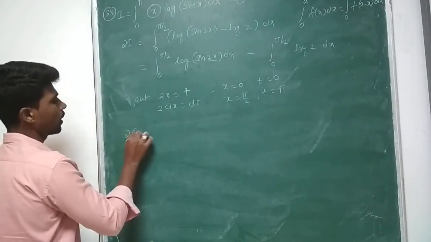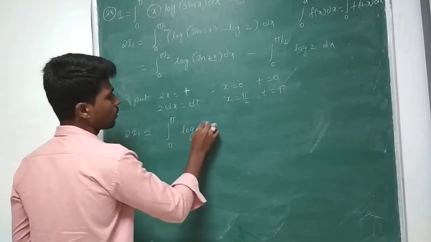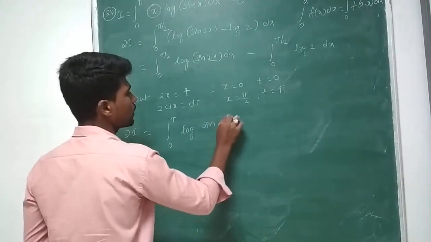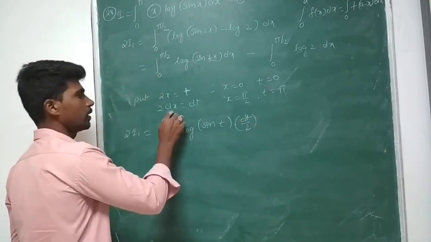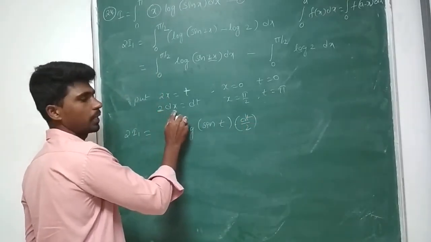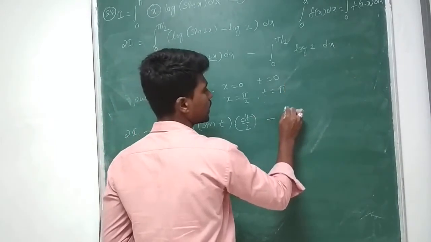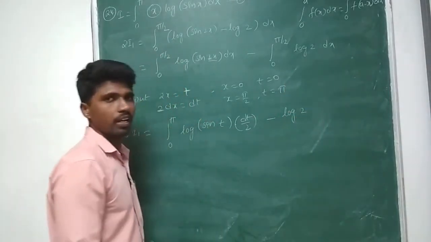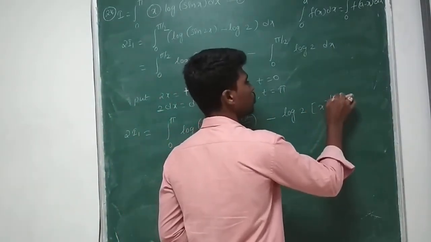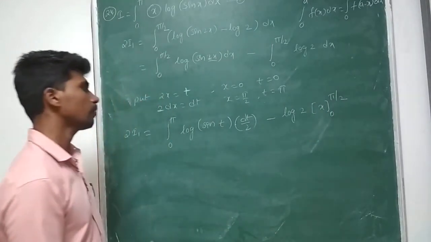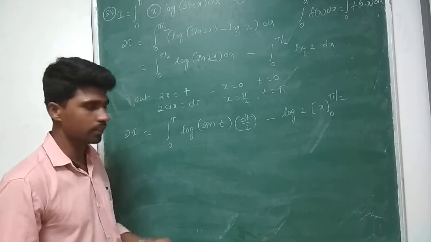So 2I1 is equal to integral 0 to pi log sin t, with dx replaced as dt by 2, minus log 2, which is a constant, so log 2 comes out, integral dx is equal to x, so x with the limits 0 to pi by 2. Now I want to change the variables.